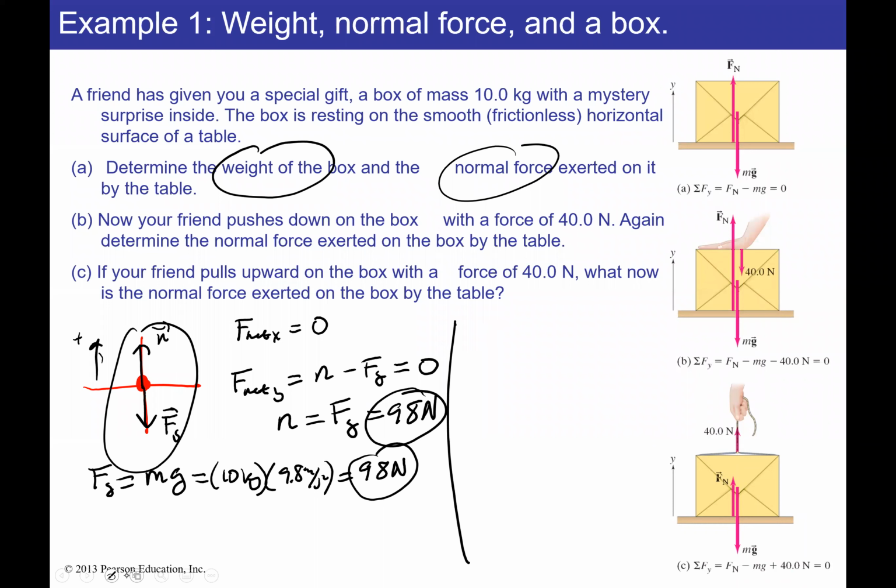All right, so let's do this. I'm again going to do the free body diagram. I take my object, put it at the center, and draw all the forces. What I have now is still gravitational force straight down, normal force straight up, but now I also have somebody pushing down, so some applied force.